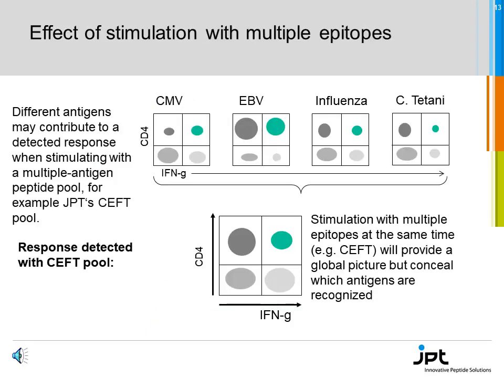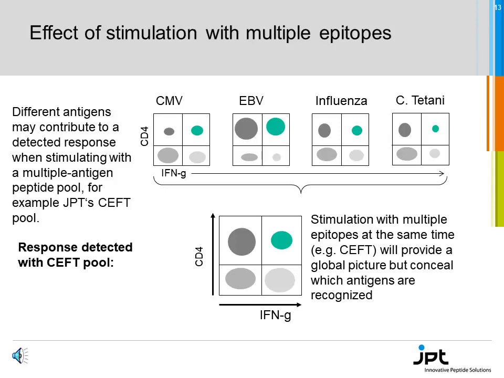In the same way that peptides representing the same protein can be combined in peptide pools, one may also combine peptides originating from different proteins or organisms in one single pool. For example, our CEFT pool contains peptides originating from cytomegalovirus, Epstein-Barr virus, influenza virus, and Clostridium tetani.